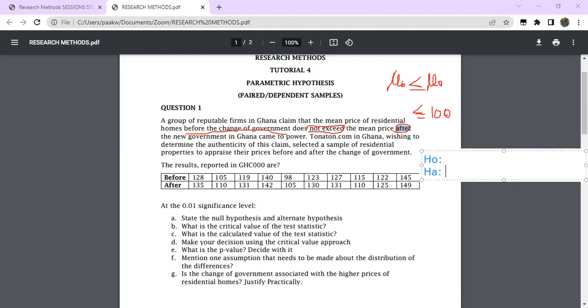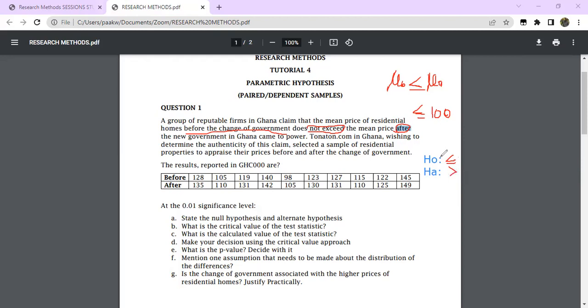So when you see the sign like this, the next step is just to state H0 and HA. Use the sign for H0, and what is the opposite of less than or equal to? Greater than. Good.